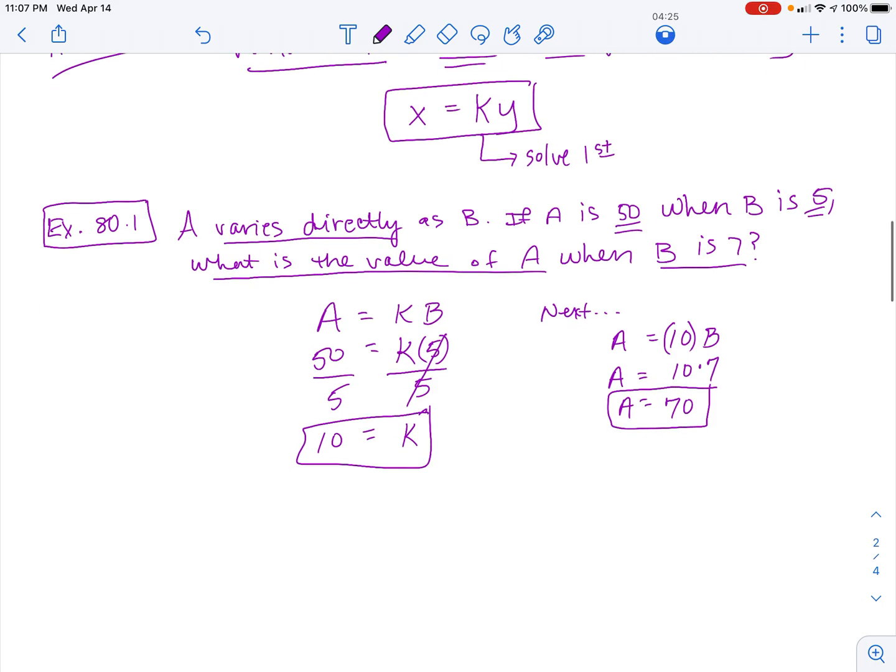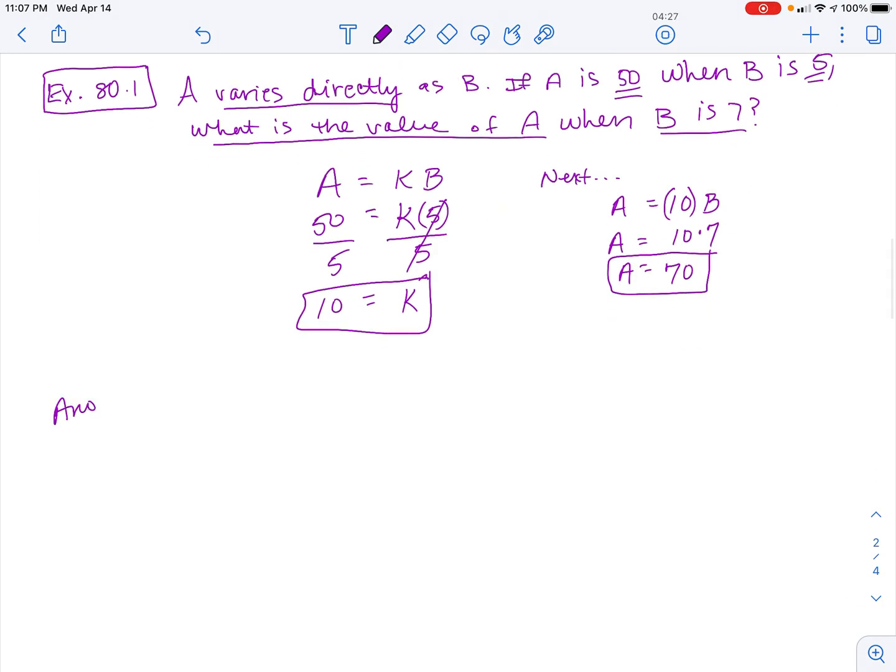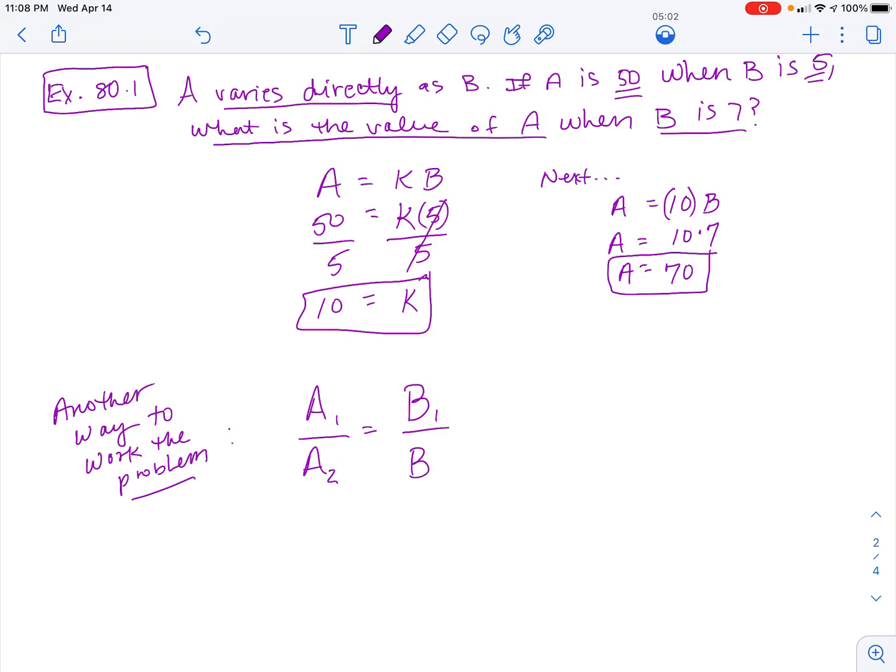Now we're going to learn another way of writing this. And many mathematicians and scientists actually use one or the other or both. So another way to work the same problem is that you could set up an actual proportion where you put your first A in A1, your second A in A2, your first B in B1, and your second B in B2.